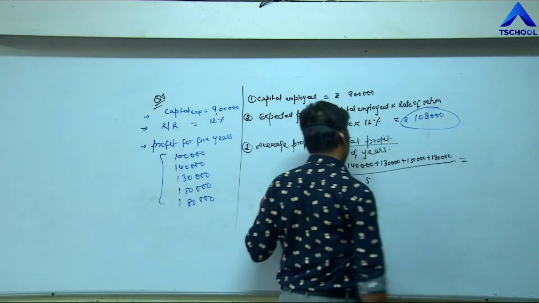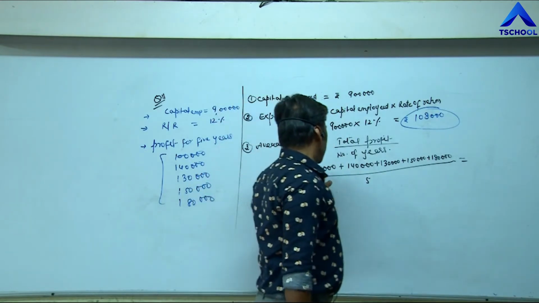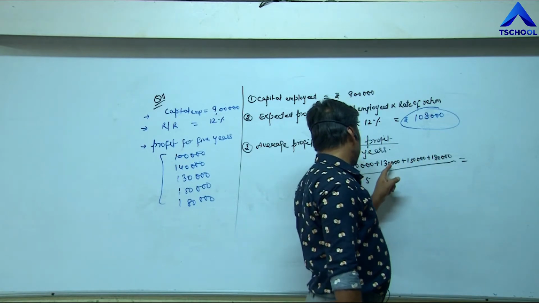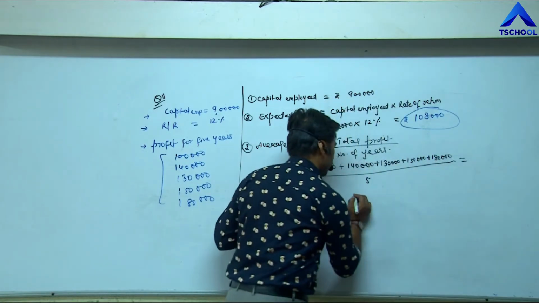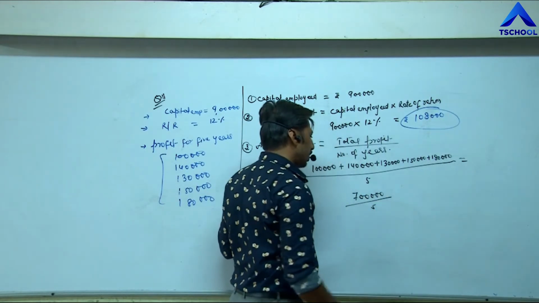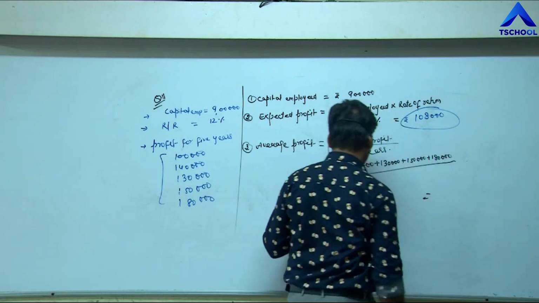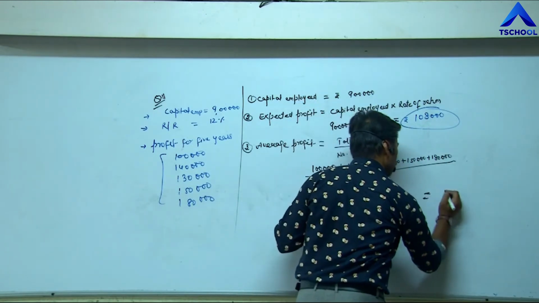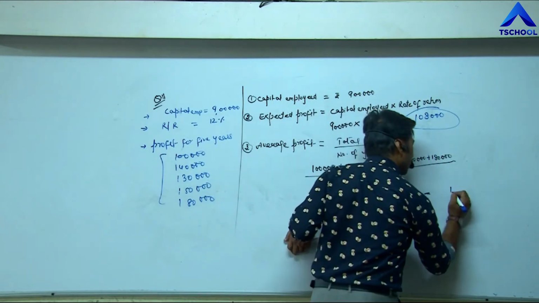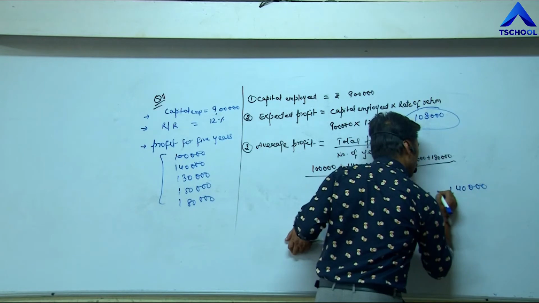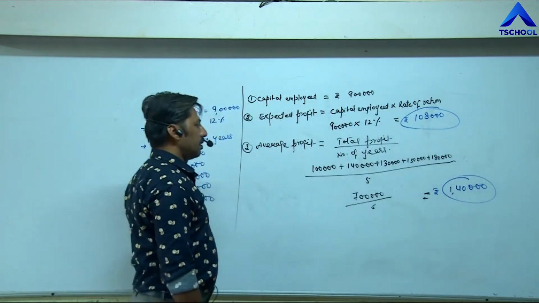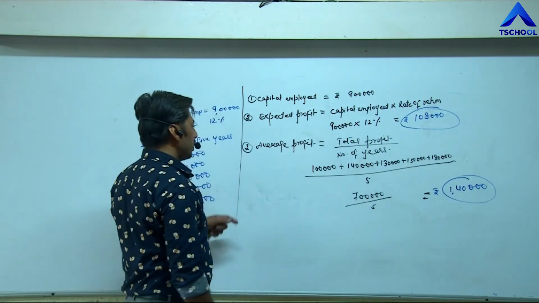The total is 7 lakh. 7 lakh divided by 5 is equal to rupees 1 lakh 40,000. Third step completed.